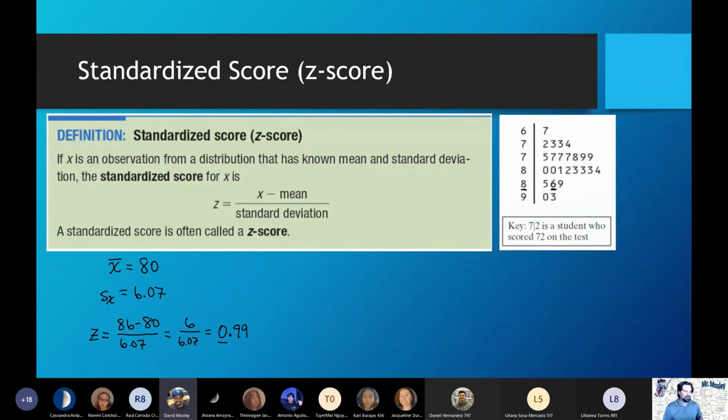So the student who scored an 86 has a standardized score of 0.99.